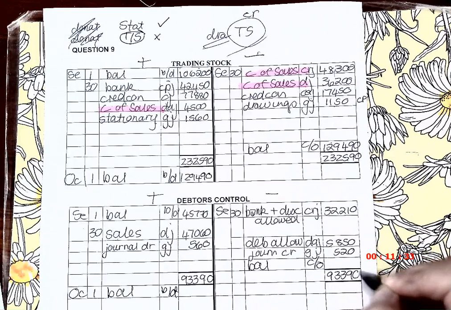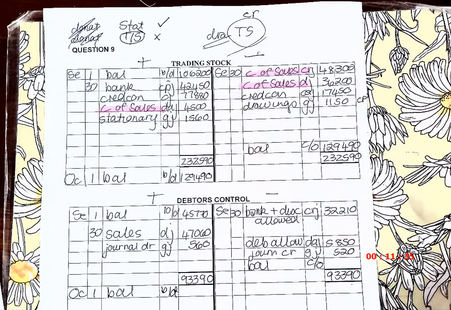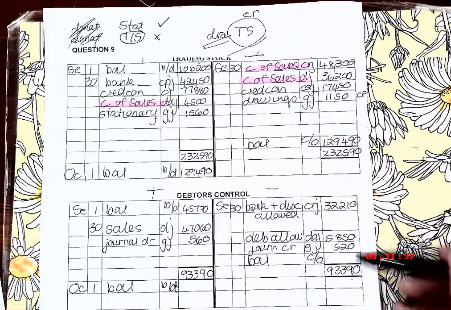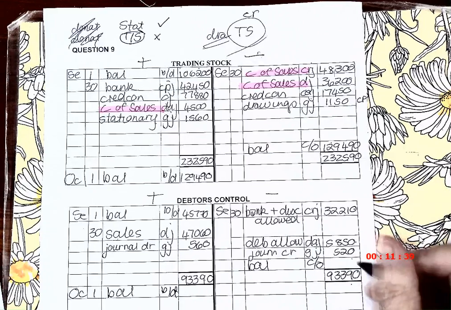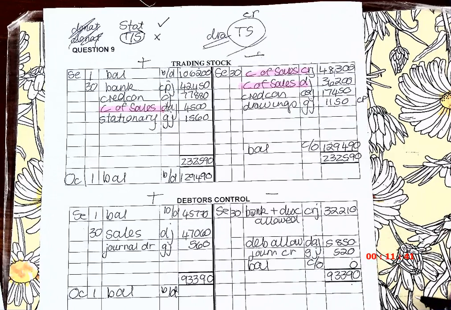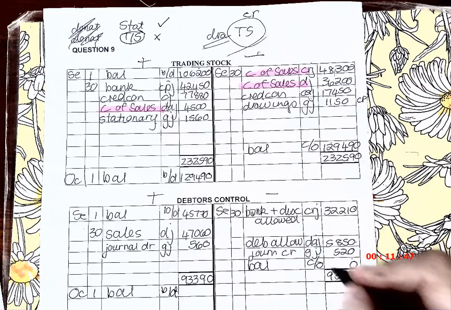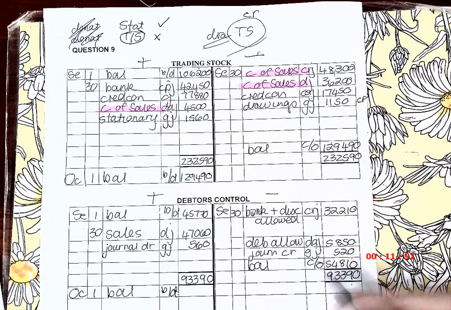And now I say 93390 less 32 less 5 less 520. And that's going to give me 54810. And this one I'm going to copy and paste here.